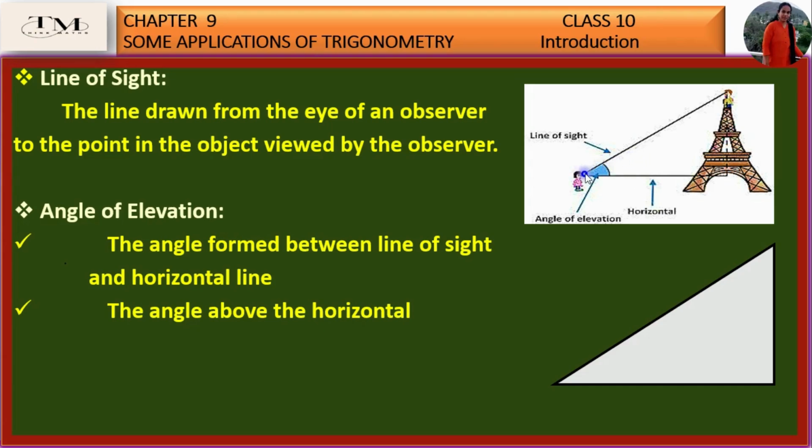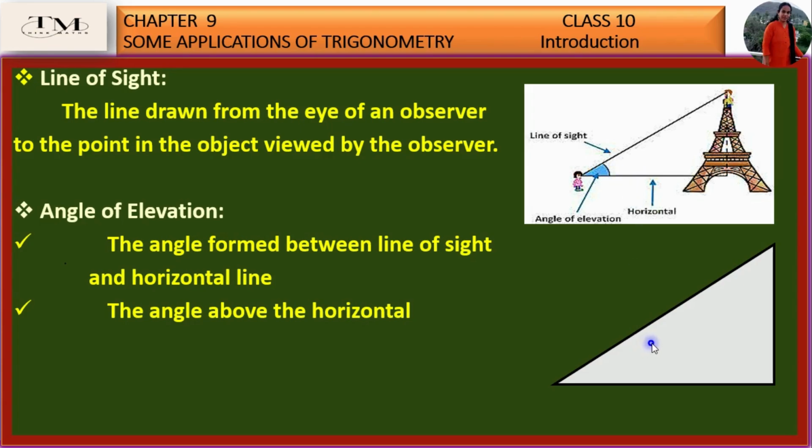The angle formed between the line of sight and this horizontal line is called the angle of elevation. This blue angle is the angle of elevation, and this is the horizontal line from the point where she views.